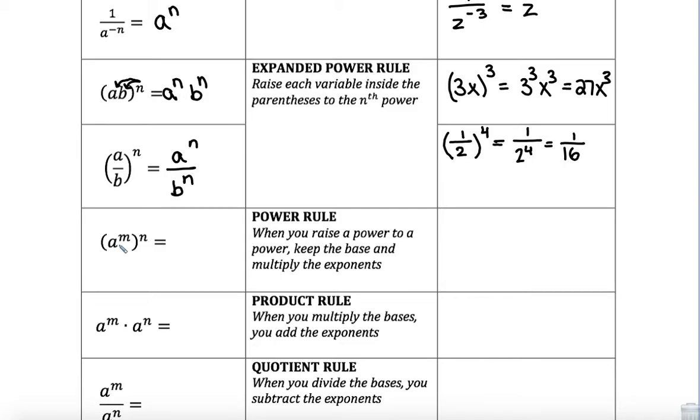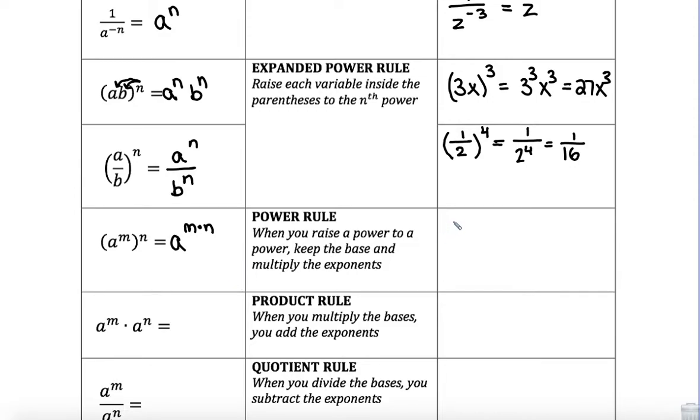If I have something already raised to an exponent inside the parentheses and I'm raising it to another power, this is a power to a power. When I'm raising a power to a power, I keep the base the same and I just multiply the exponents. So in this case, I would just do m times n in the exponent.